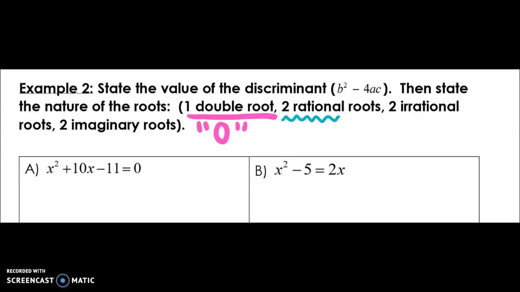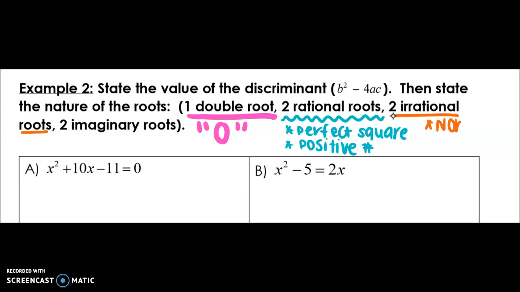When there are two rational roots, it has to be a perfect square and a positive number. When we have two irrational roots, it is a non-perfect square but it is still a positive number.